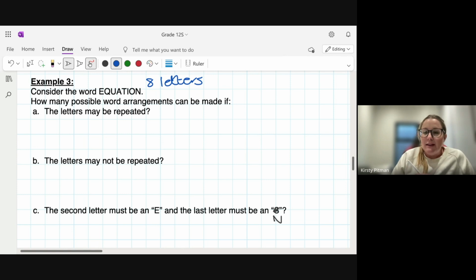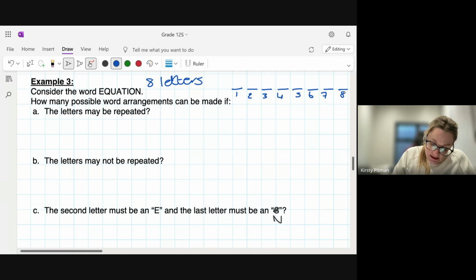And you know that if I've got 8 possible letters, that means that in each of the spaces, so 1, 2, 3, 4, 5, 6, 7, 8, in each of those spaces, how many possible options do I have? So here's space 1, space 2, space 3, space 4, space 5, space 6, space 7, and space 8.